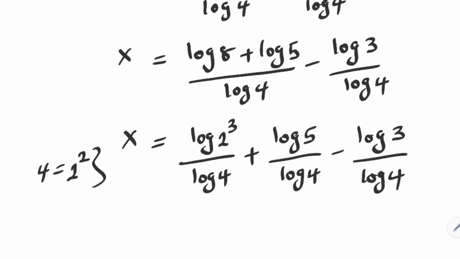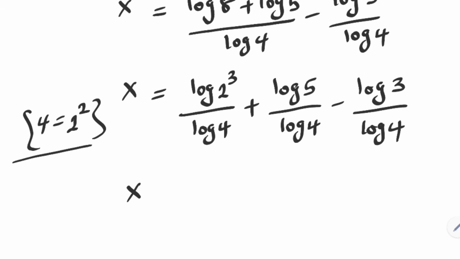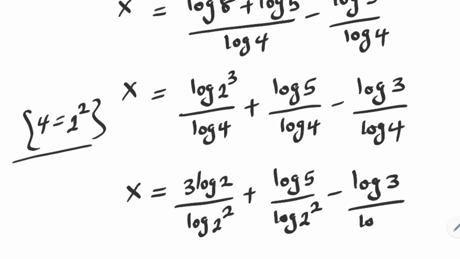Then x is equal to 3 log 2 over log 2 square plus log 5 over log 2 square minus log 3 over log 2 square.